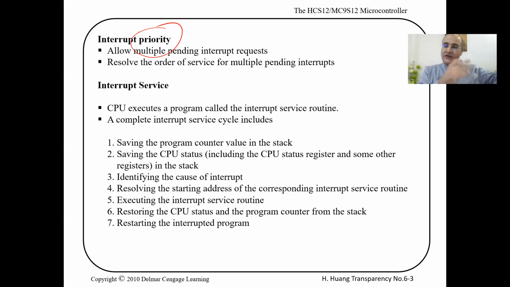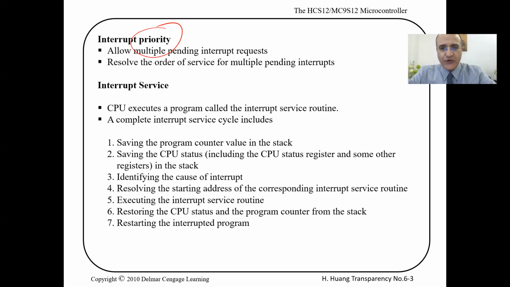Usually the fire alarm is a higher priority. We should respond to that, go execute the interrupt service routine that will turn off the fire, right? Not the interrupt service routine that will turn on the music. So there are priorities. How to deal with priorities and how to set them, we're going to look at those.